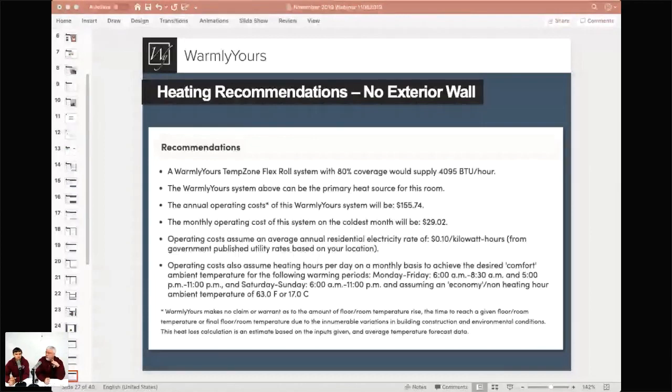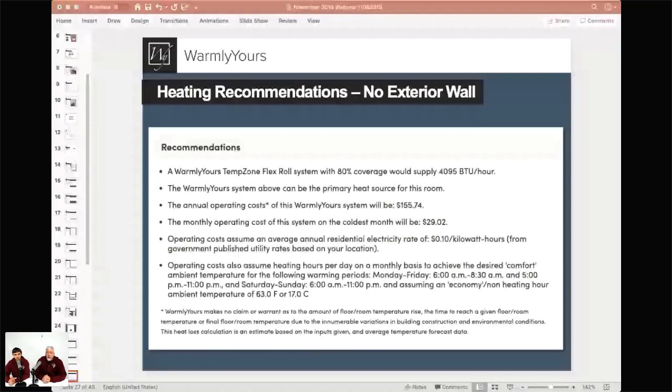Then at 5, it goes to the warmer temperature, and it stays there till 11, and then it kicks down to the lower temperature overnight. Then on Saturdays and Sundays, 6 a.m. to 11 p.m. So that's what the assumptions are. If you are going to change that, the numbers may end up a little bit different.